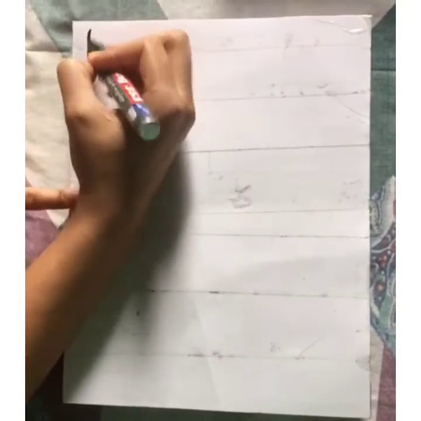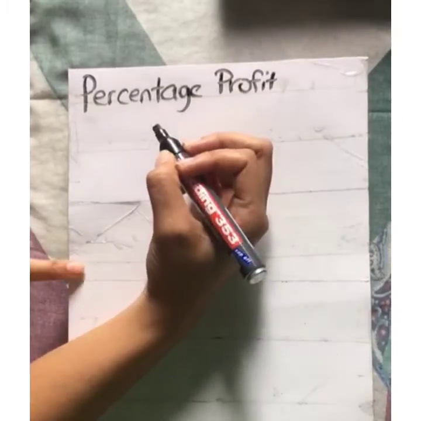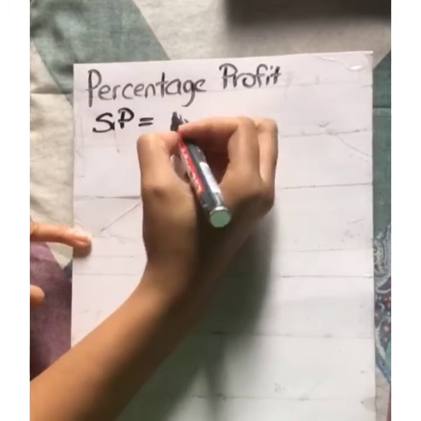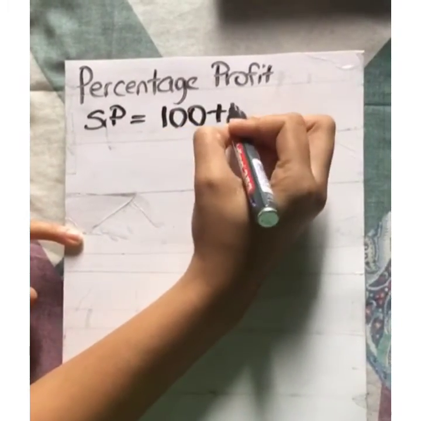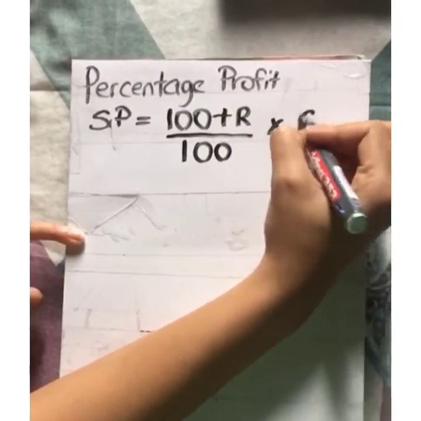Sometimes you might be given a question where you have to determine the selling price for a particular item, and the only information that you're given is the percentage profit or the percentage loss along with the cost price. In that case, you would be required to use the following formulas. So for percentage profit, the formula for selling price would be 100 plus R divided by 100 multiplied by the cost price.